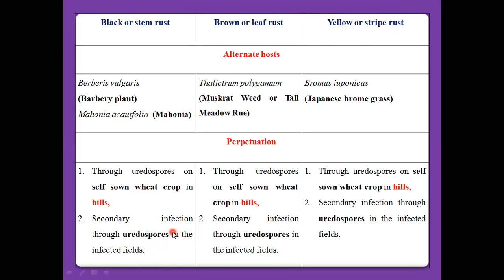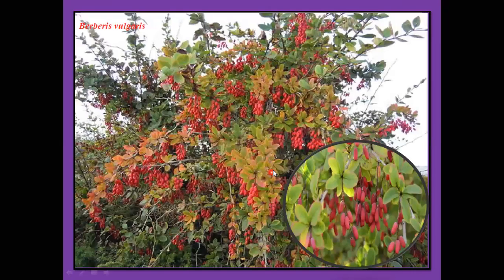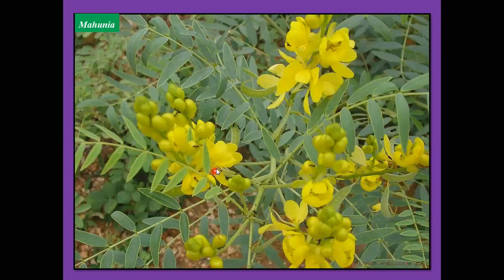Okay, so you see these barberry plants act as an alternate host, and this alternate host survives in hilly areas, particularly the Nilgiri or Palani Hills or maybe the Himalaya regions. Then this is the Mahonia plants.